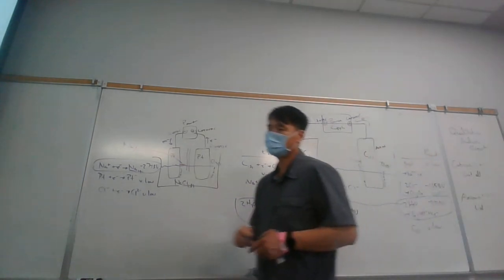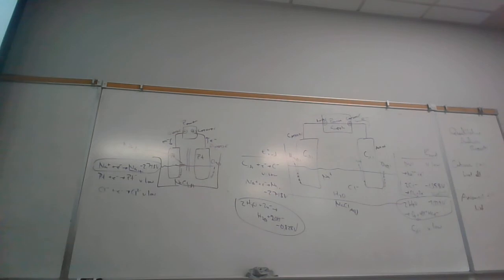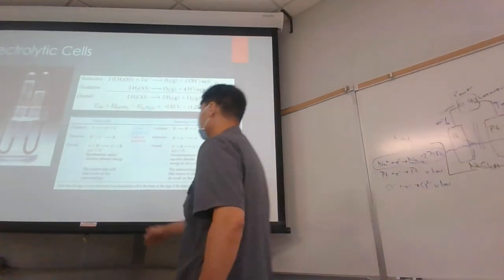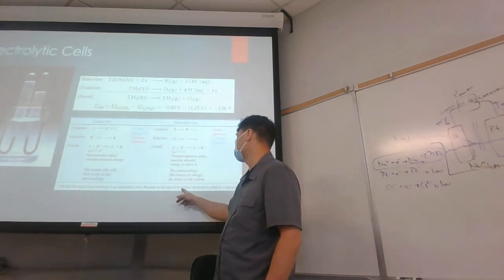Now, just because of convention, our book is going to call the whole thing the cathode, the whole thing the anode. And so when we look at this, we have a little footnote here. It says, note that the sign of each electrode in an electrolytic cell is the same as the sign of the battery.